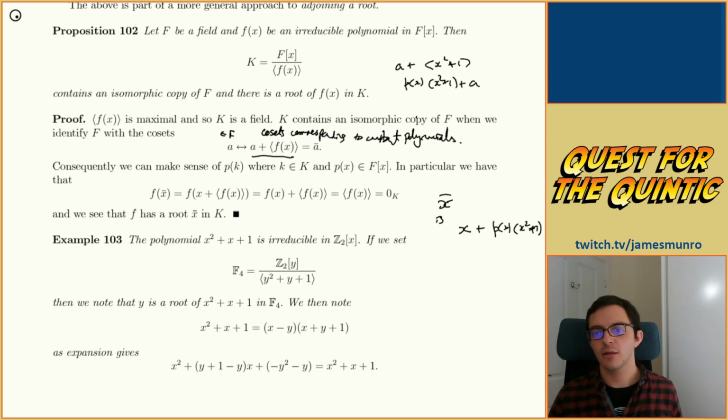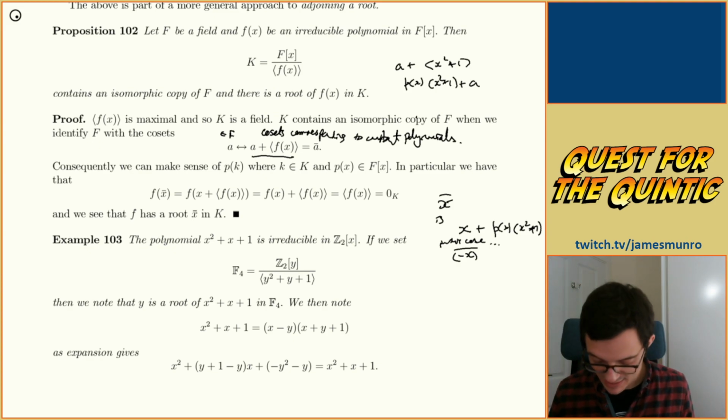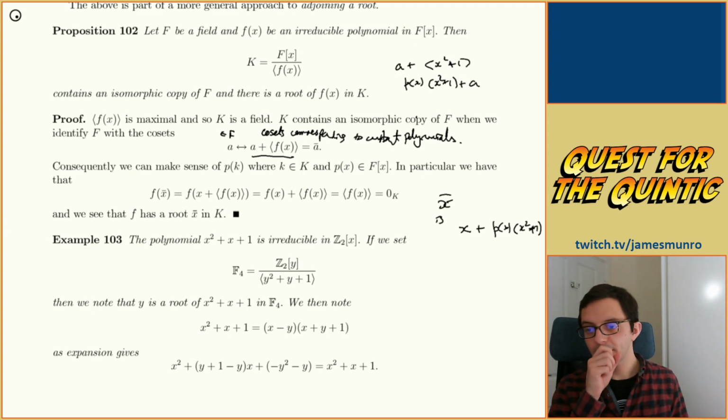Go over there. What if you want minus i? So in this case, there's another root that comes from looking at minus x bar. In this case, it turns out that when you square it, you get lucky, and minus x squares the same thing as x, so you can't get lucky in that case and find another root.